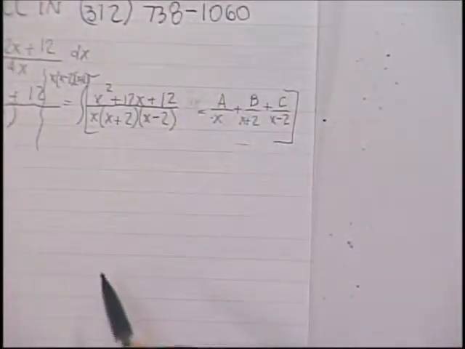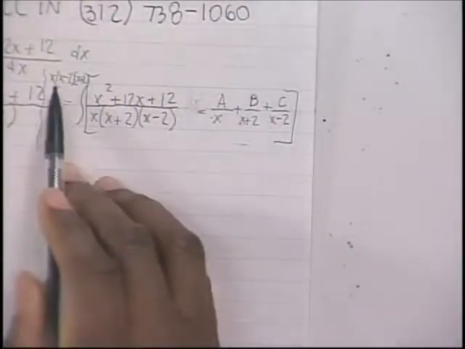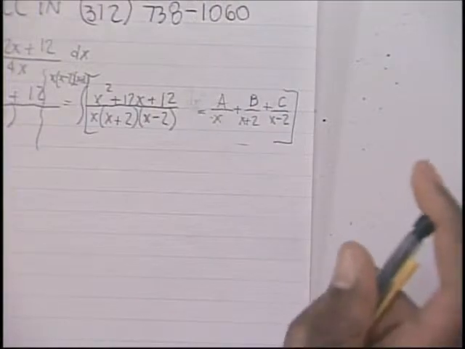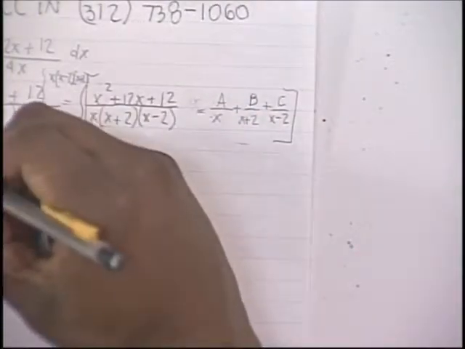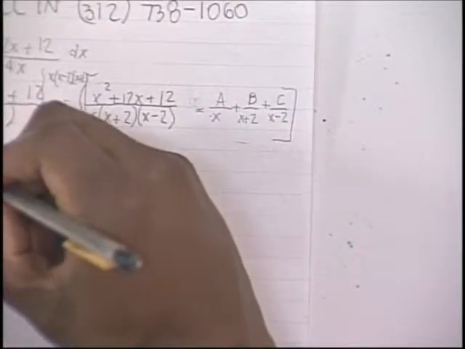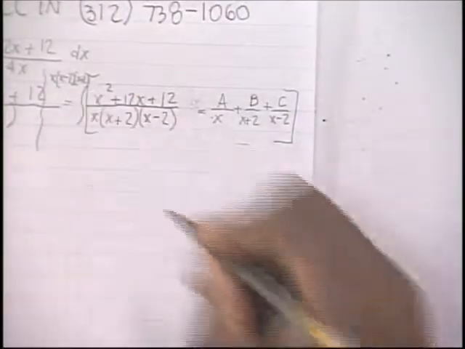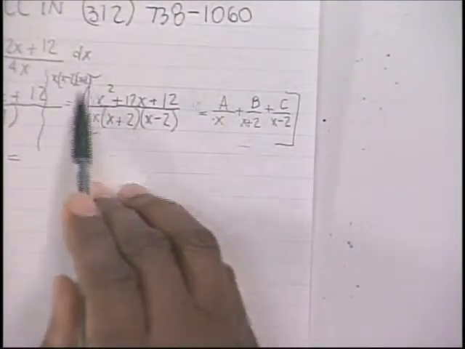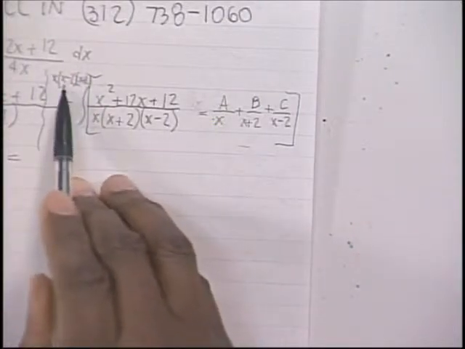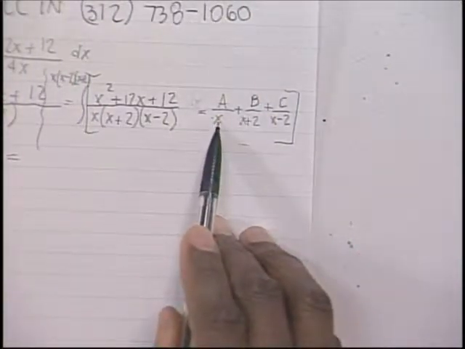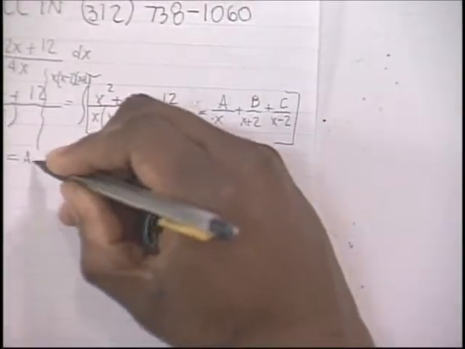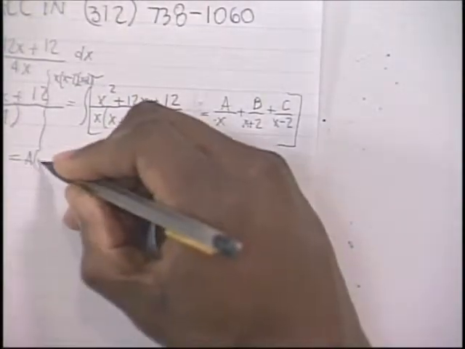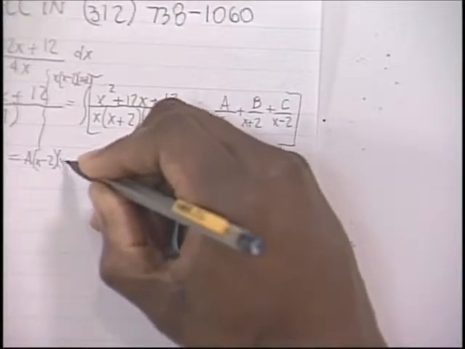If we multiply all of this, we'd end up with this numerator, x squared plus 12x plus 12, is equal to, if we multiply this times the x, A times x minus 2 times x plus 2.